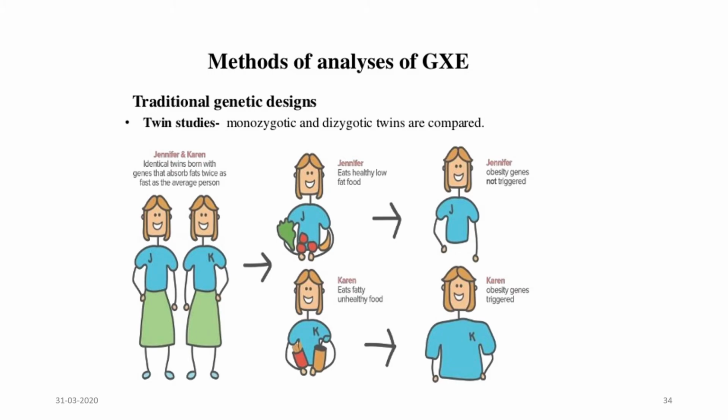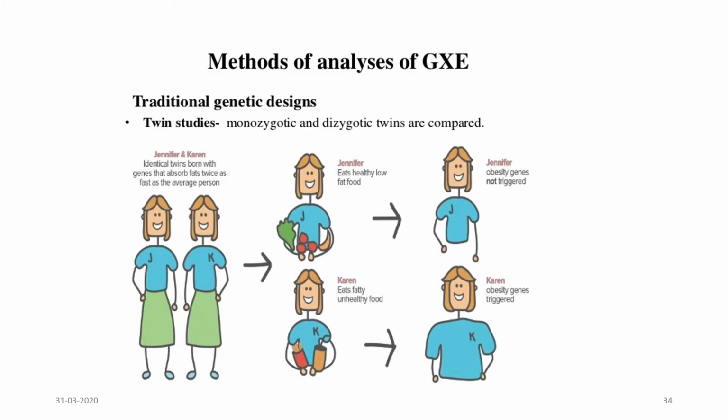Monozygotic twins are twins which are born with the same genetic makeup. Suppose they are two females born with genes that absorb fat twice as fast as the average person.